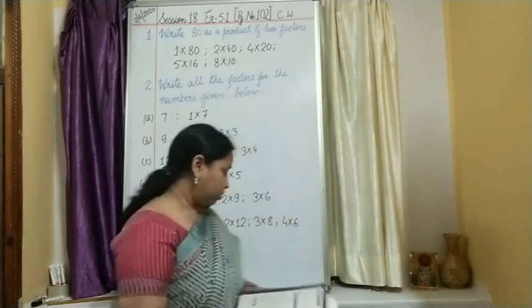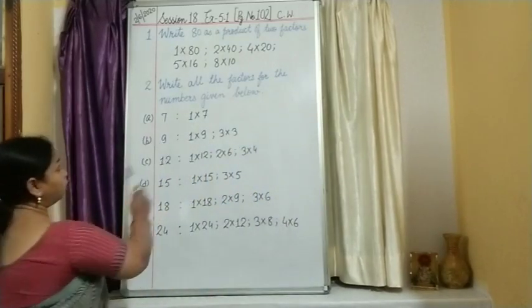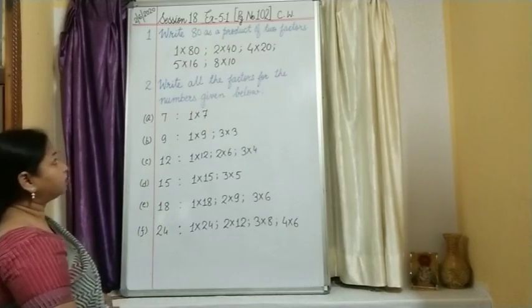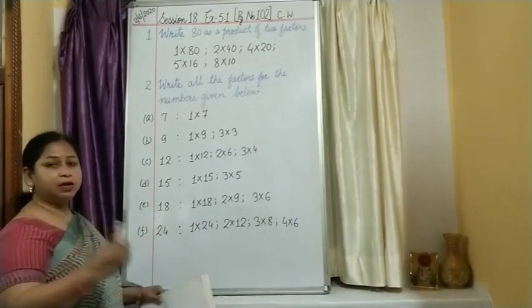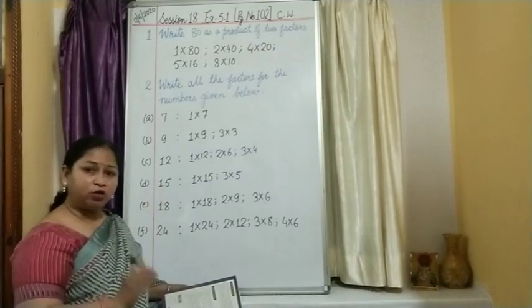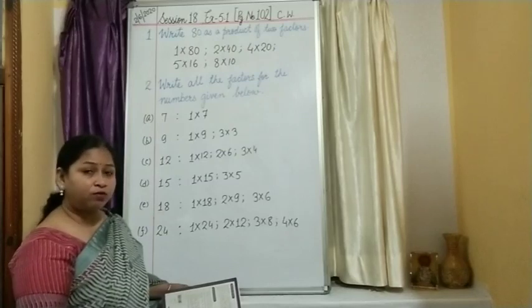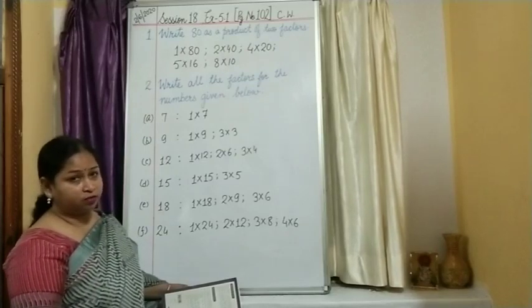So look here at the board, write 80 as the product of two factors. There are multiple pairs I have shown for you, and you can choose any one or any two pairs for yourself. And where you have to write? You have to write in the book itself.